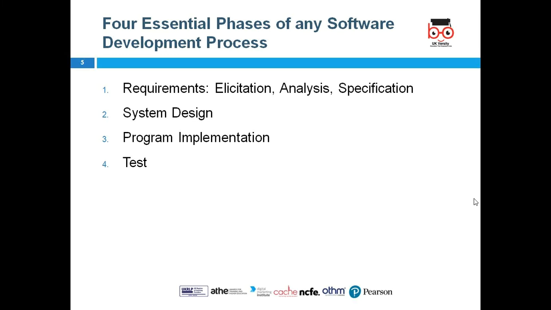There are 4 phases of every software development process: requirement, design, program implementation, and test. Requirement is elicitation, where you extract, analyze, and specify the requirements, and system design is the analysis and design, then program implementation and testing.